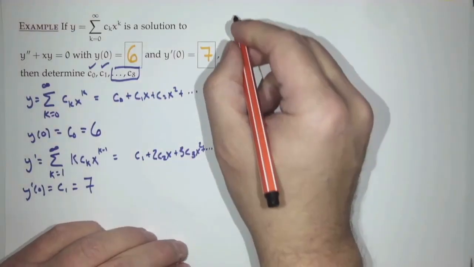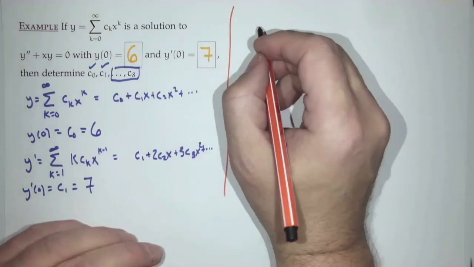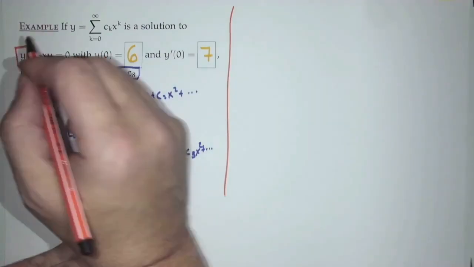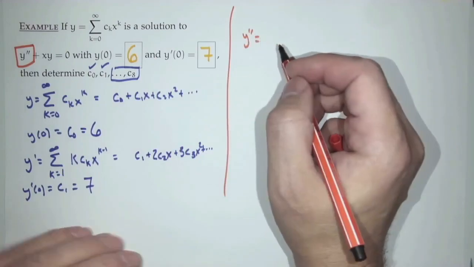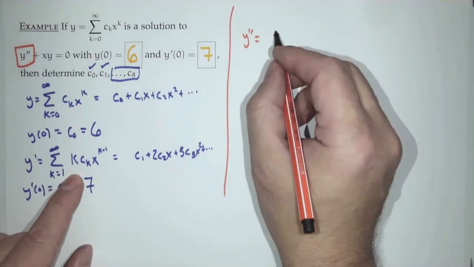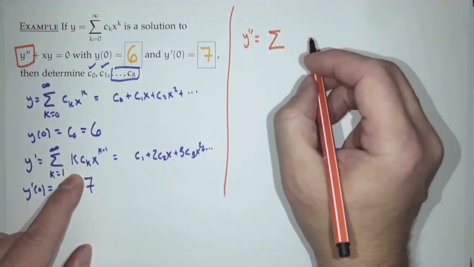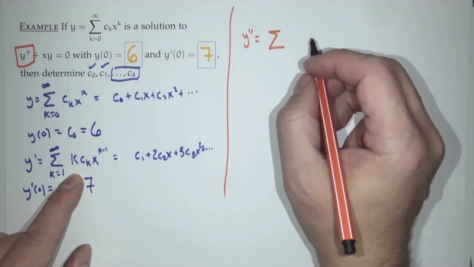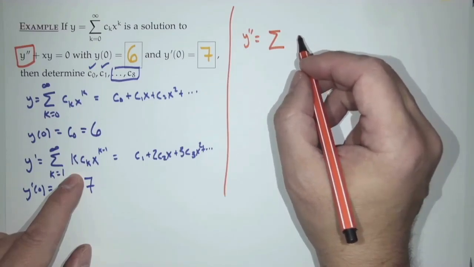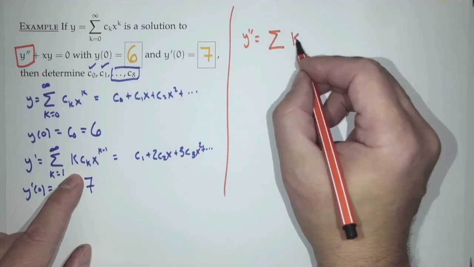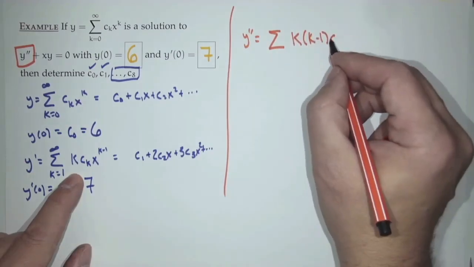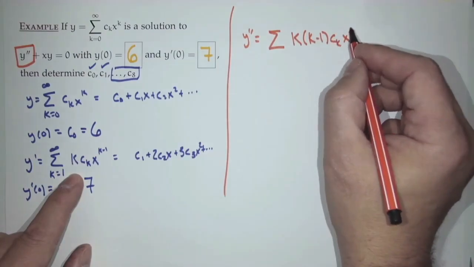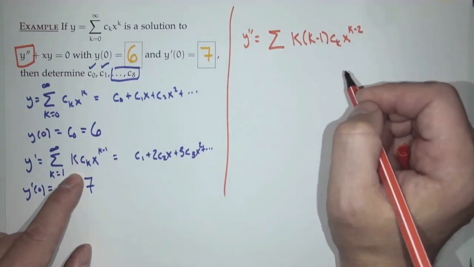Well, let's keep this going. Let's focus on y double prime. What is y double prime? Well, we have y prime. So what does y double prime look like? K times k minus 1, ck x to the power k minus 2.